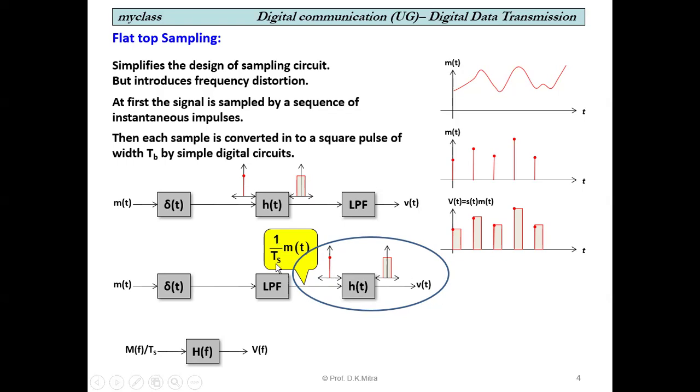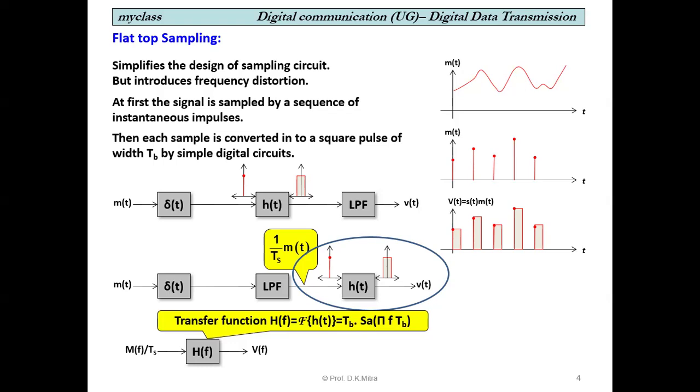Input will be 1 by Ts MF, a frequency function, output will be VF. And in place of HT, we shall write HF. This time domain transfer function will be replaced by the frequency domain transfer function, which is simply the Fourier transform of the time domain transfer function.